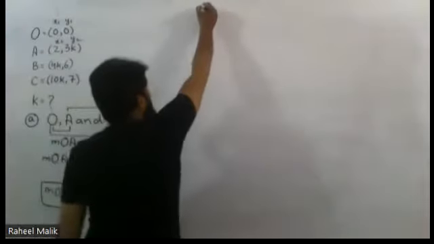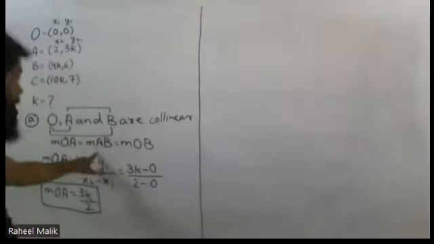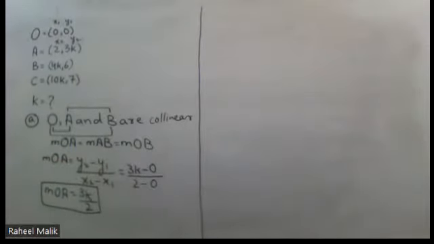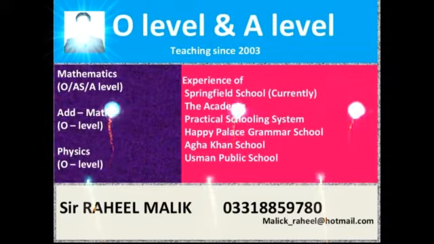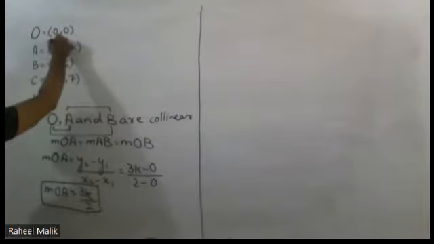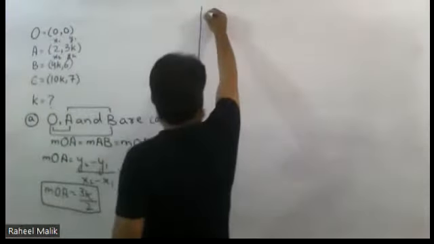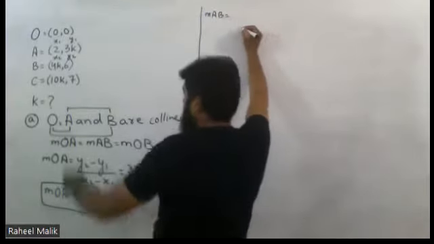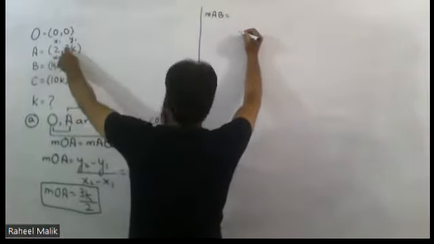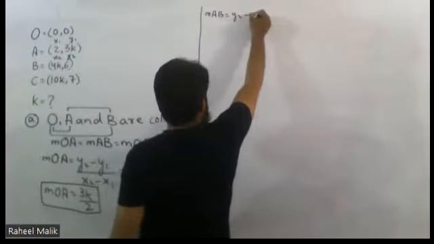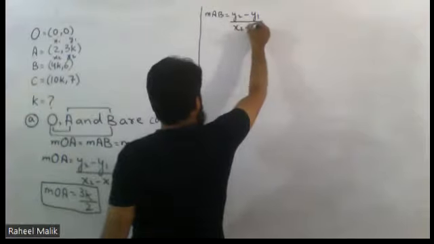That's my first gradient. Now I'm going for the gradient of AB. I'm taking A as x1, y1 and B as x2, y2.